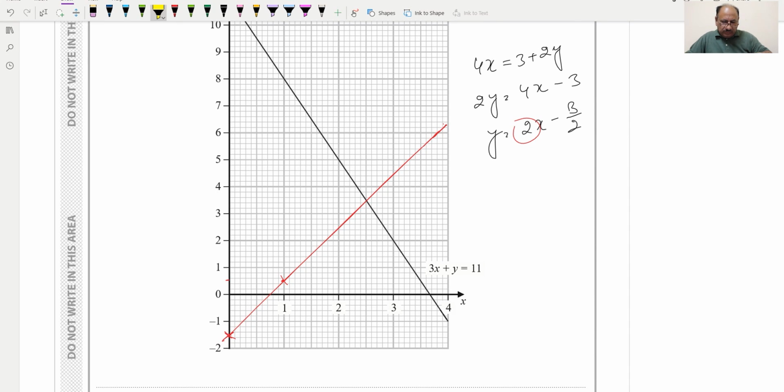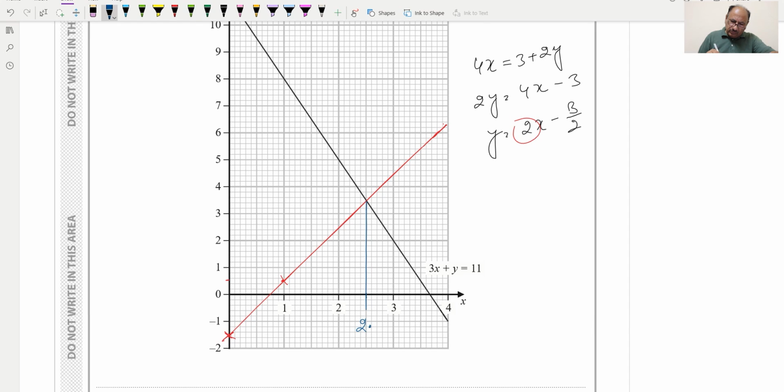This is basically the x value. If we check, the x value is coming as 2.5.